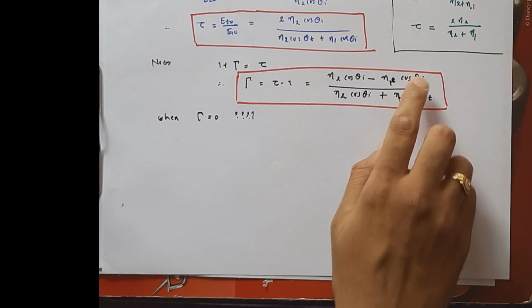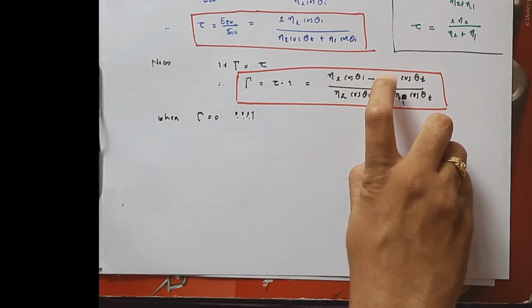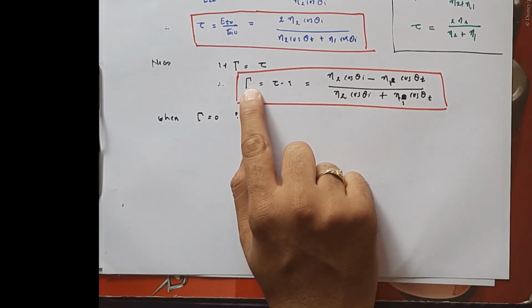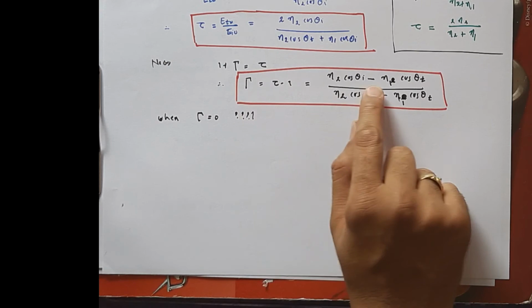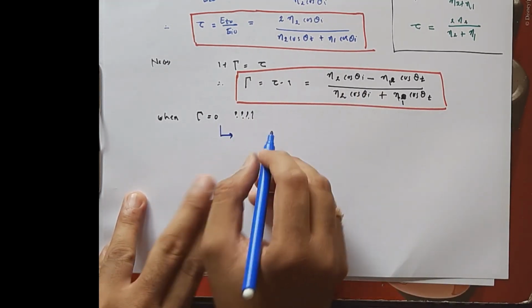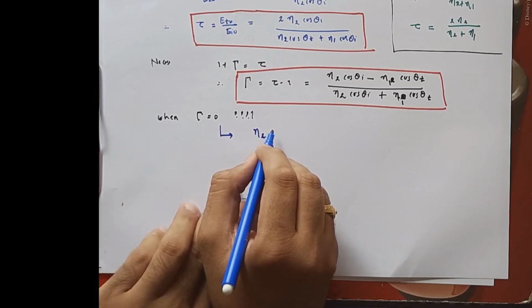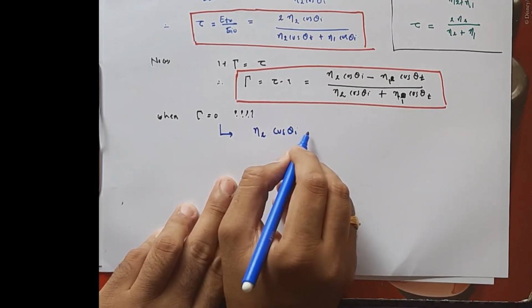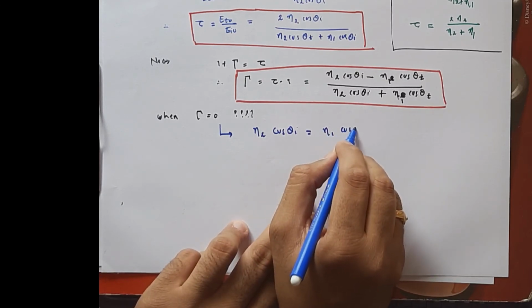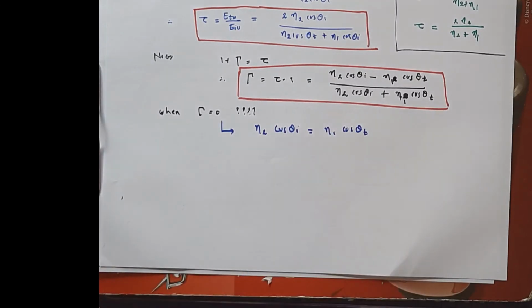Because in the numerator there is a negative sign, there is a possibility that the value of tau is 0 for some angle. So tau is 0 when eta2 cos theta_i is equal to eta1 cos theta_t. Under this condition the value of tau is 0.